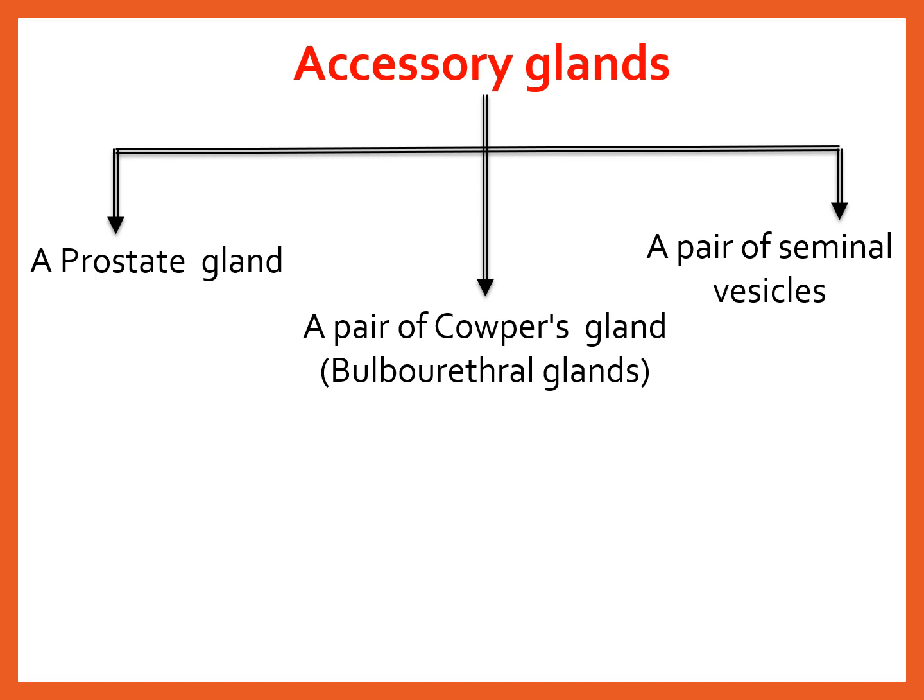The secretion of the prostate nourishes and activates spermatozoa to swim. So prostate secretion helps the spermatozoa to swim. The bulbourethral gland secretes a secretion which serves to neutralize any acid that is there in the urethra.